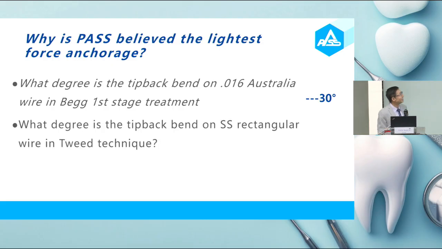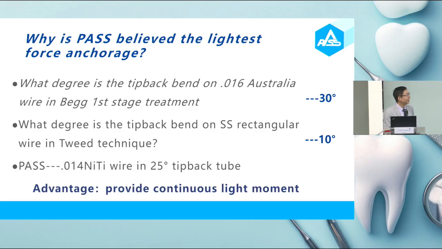What degree is the tip-back bend on stainless steel rectangular wire in Tweed technique? 10 degrees. But it's a very thick rectangular wire. But in PAS, we usually use 0149 tie wire in a minus 25 degree tip-back tube. So it's much lighter than conventional fixed appliances.